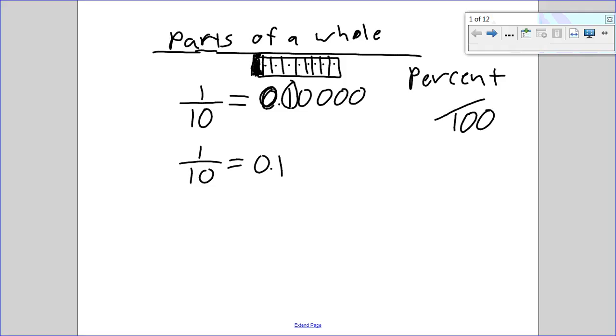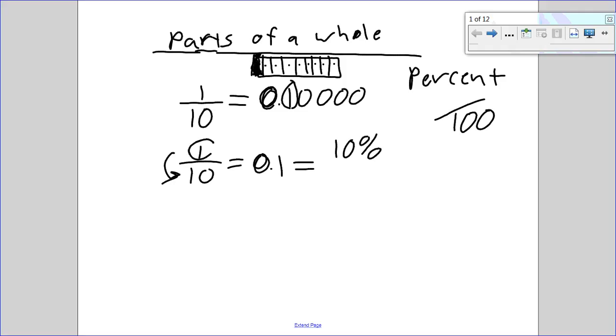You just make the direct translation, but it's 0.1, which is actually 10%. 10 per 100. 1 per every 10 is the same thing as 10 per every 100. Okay? So you can travel between these, between decimals and percents.